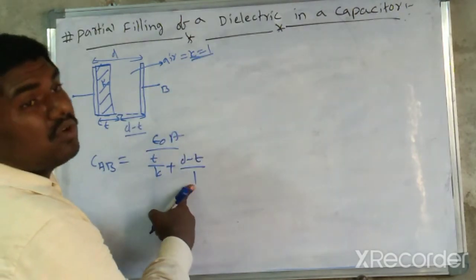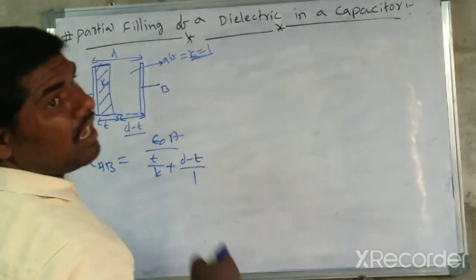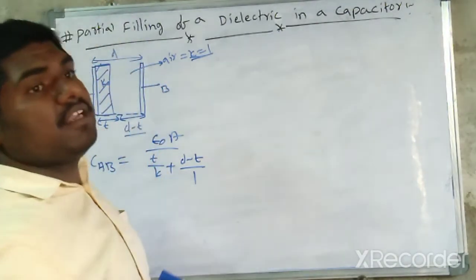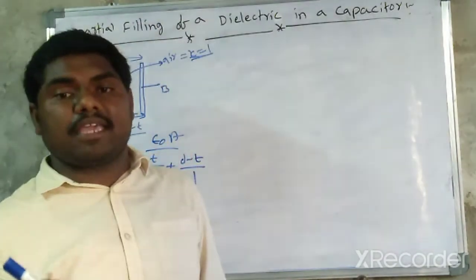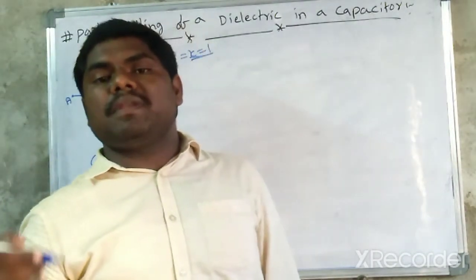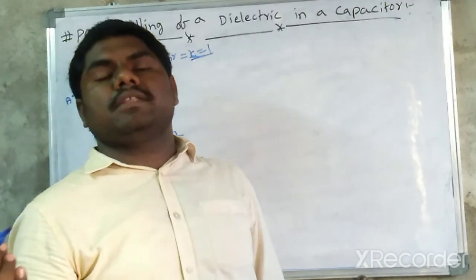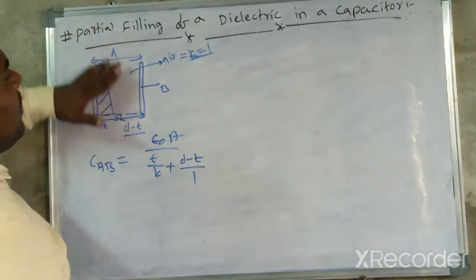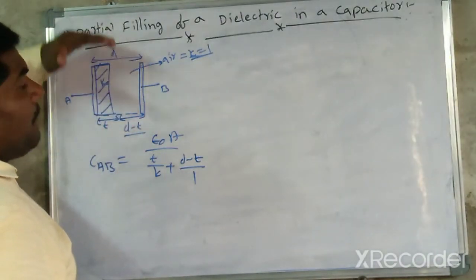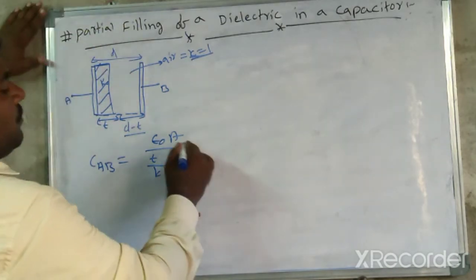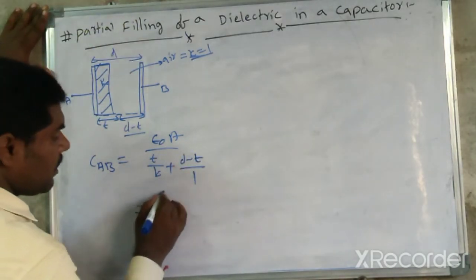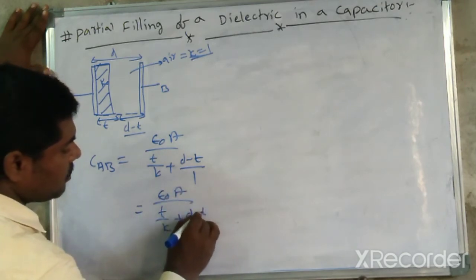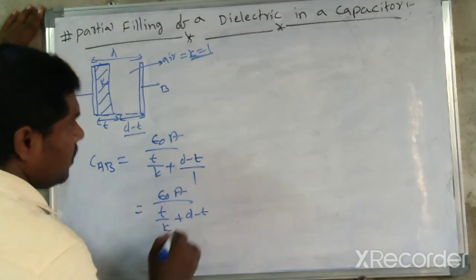Previously I explained that for a perpendicular connection, C equivalent is equal to epsilon naught A divided by T1 by K1 plus T2 by K2 plus T3 by K3, like that. This is because the dielectric is inserted partially, parallel to the plate. That's why I am using this formula: epsilon naught A divided by T by K plus D minus T. Now take T common.